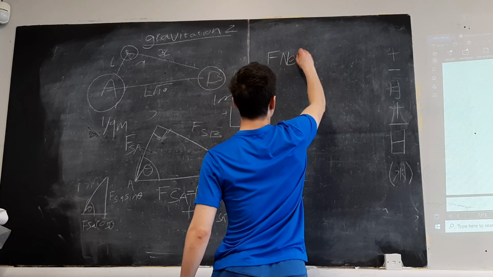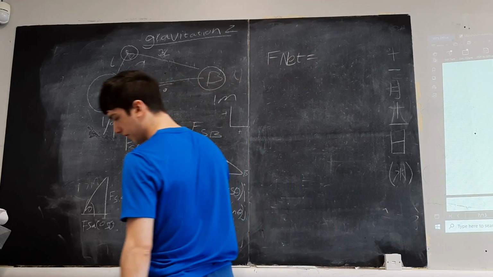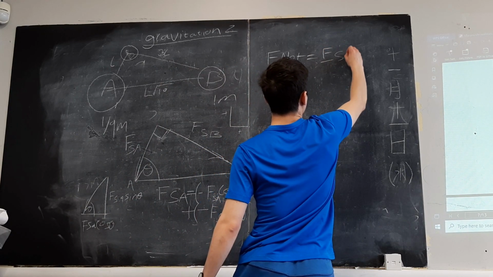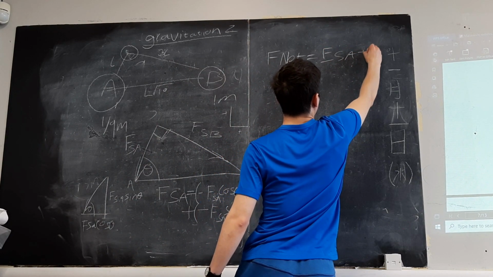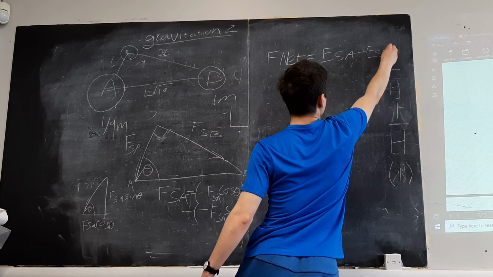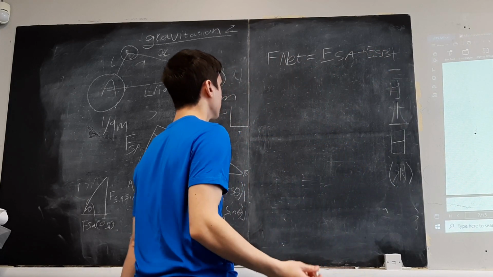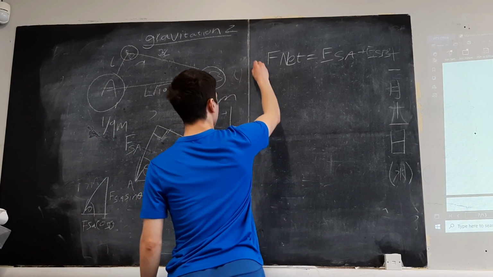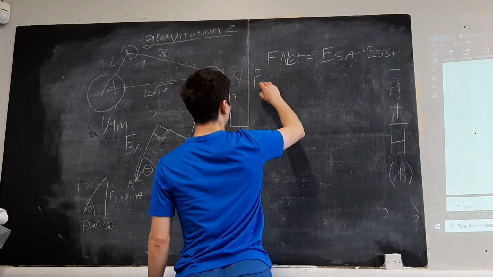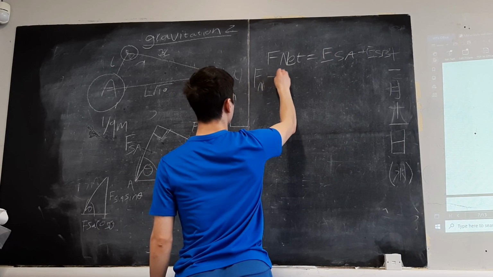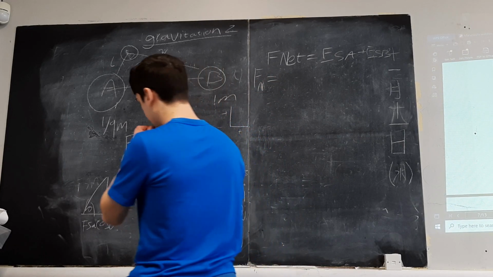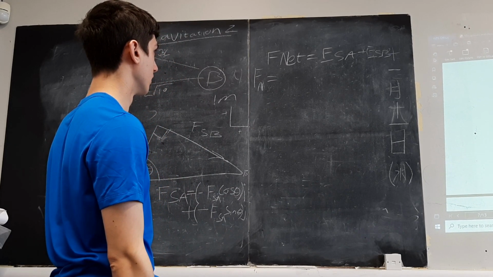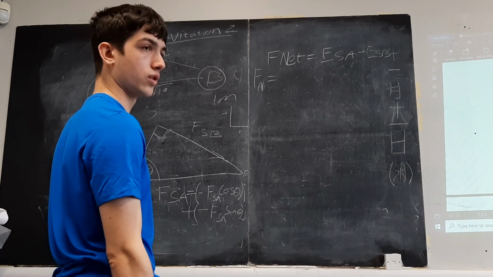F net equals, well, F S A plus F S B. Total force equals these two forces. You remember to say that as they're equivalent, you write it as K. Not yet.